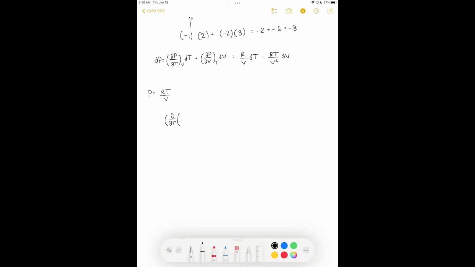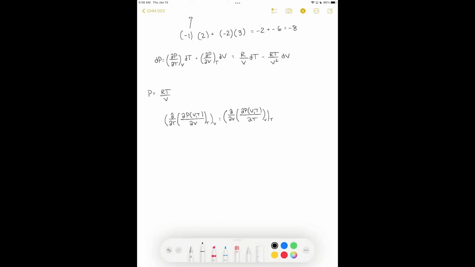So the partial derivative with respect to temperature at constant volume of the partial derivative of pressure with respect to volume at constant temperature is equal to the partial derivative with respect to volume at constant temperature of the partial derivative of pressure with respect to temperature at constant volume. So these two things are the same. It doesn't matter which order we take the derivative in.